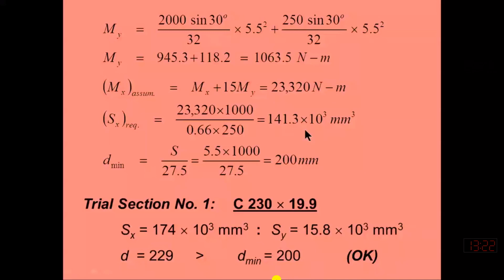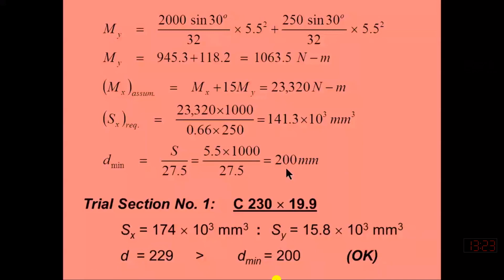And we also require some minimum depth to control the deflection, which is equal to span divided by 27.5. Span is equal to the length of the purlin or spacing of trusses, 5.5 multiplied by 1000 to convert into millimeter, divided by 27.5. So depth is 200. So we need to select a channel section which has a nominal depth more than 200 to satisfy deflection.